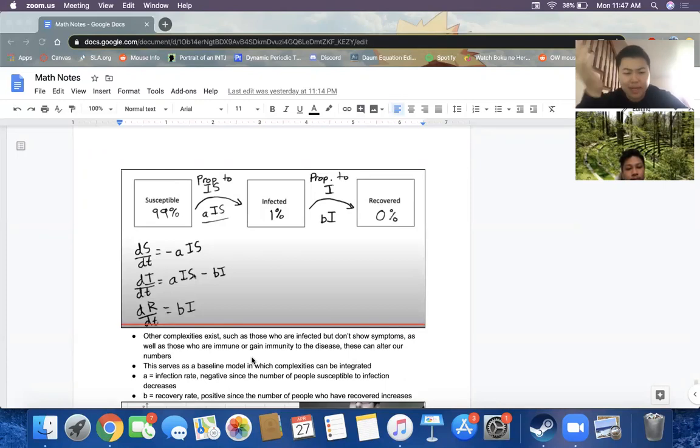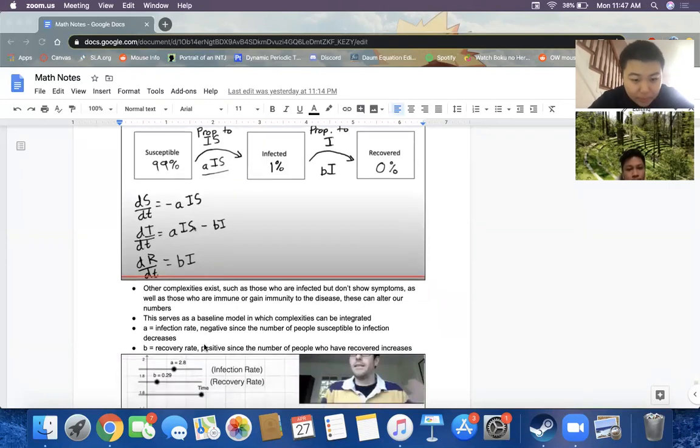And like what Alex pointed out earlier, this doesn't account for the number of people who actually die from the disease. That's also a complexity we're not accounting for. But the fundamental idea is that this is the base model. With this, we can simply build off of it and add more things that we should take into account.